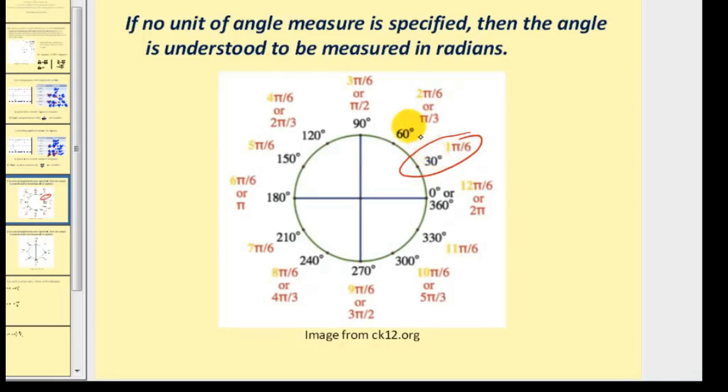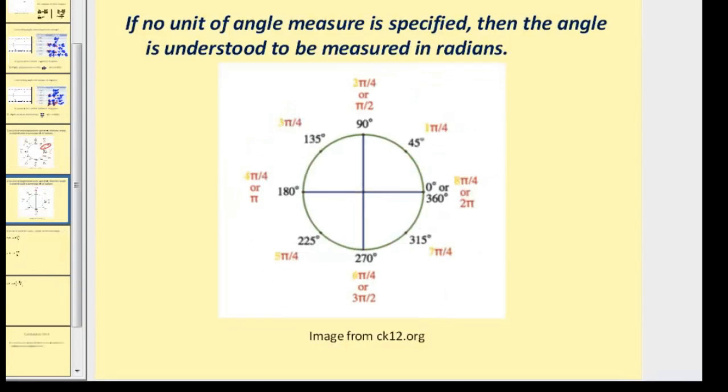So 60 degrees is 2 times 30 degrees, so it would be 2 times pi over 6, or 2 pi over 6, which simplifies to pi over 3. 90 degrees is 3 times 30 degrees, so it would be 3 pi over 6, which simplifies to pi over 2. 120 degrees is 4 times 30 degrees, or 4 times pi over 6, which simplifies to 2 pi over 3, and so on. This is actually a very helpful diagram when you're first learning how to work with radians.